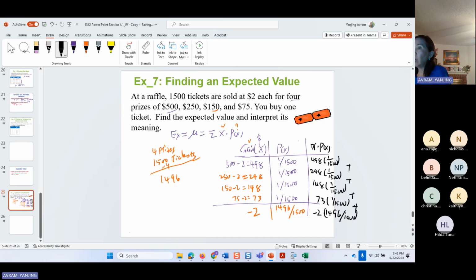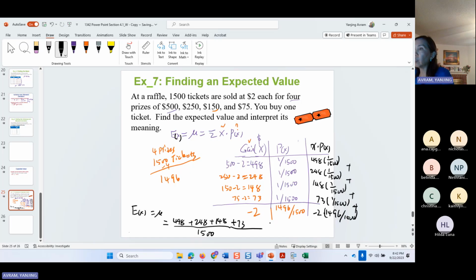And then the final answer is our expected value, E of x. Basically, I have the same denominator, 1500. So 498 times 1 is still 498, and 248 times 1 is still 248, and then 148, and then plus 73.